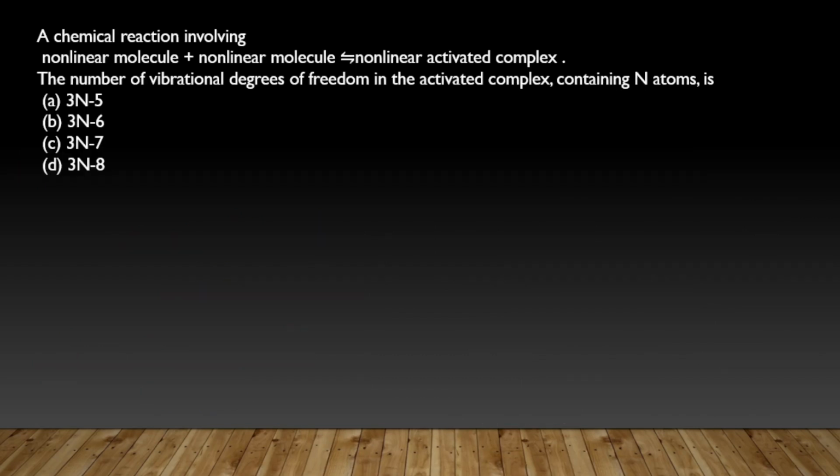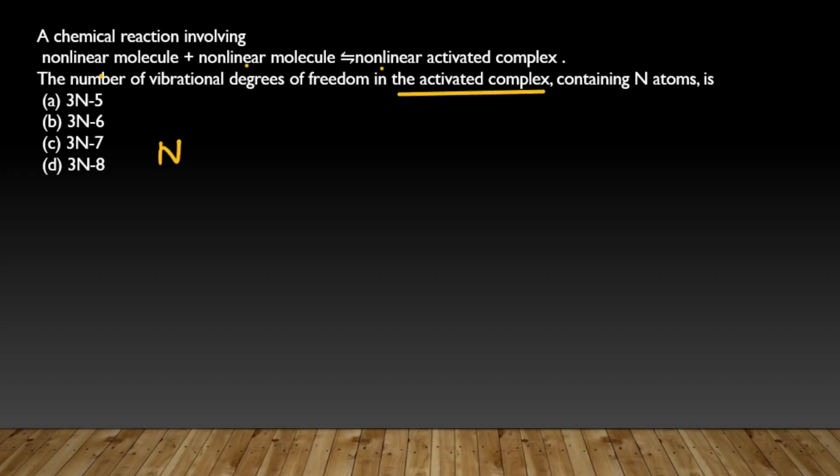It says a chemical reaction involving a non-linear molecule combining with a non-linear molecule is in equilibrium with a non-linear activated complex. The number of vibrational degrees of freedom in the activated complex containing n atoms is asked.